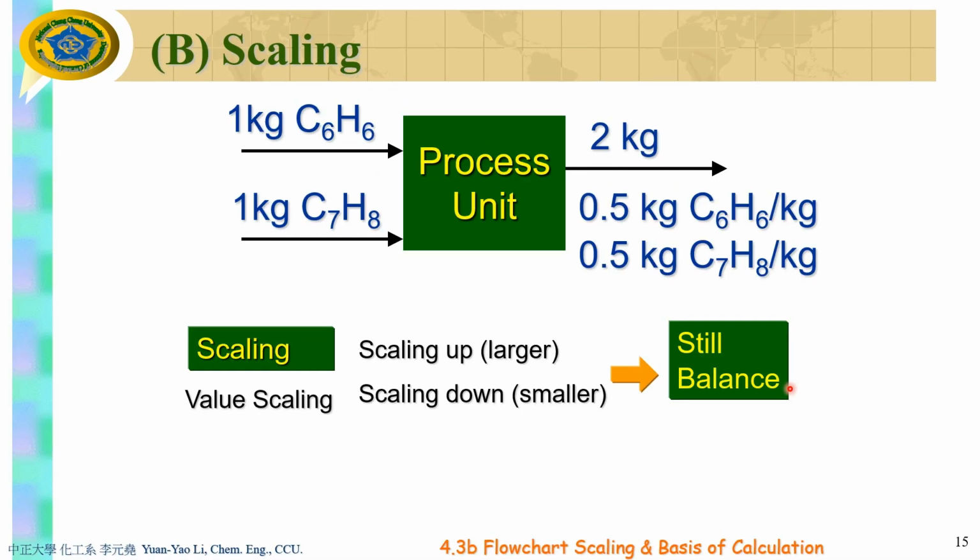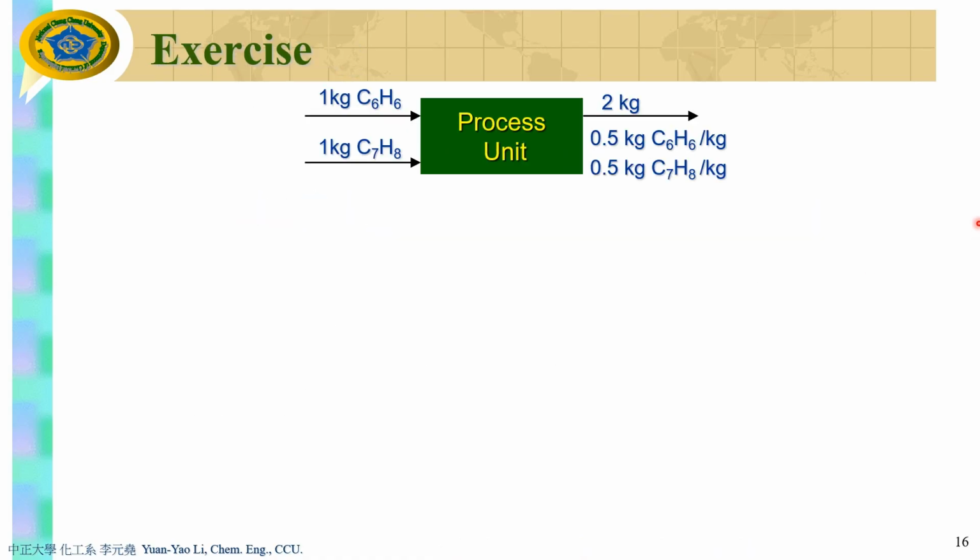This is the thing you need to know, because you draw a simple flow chart so you can scale up, scale down, and change the unit as you like. And it's still balanced. The equation of input equal to output still obeys and can still be used for this process.